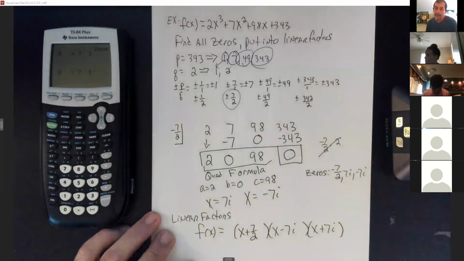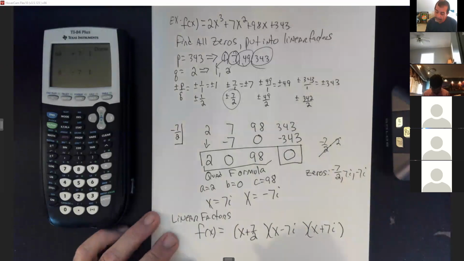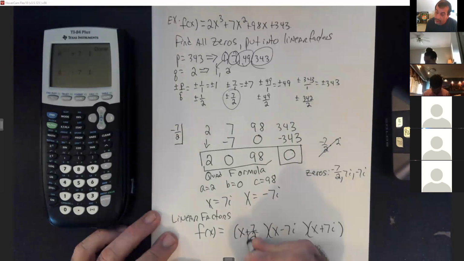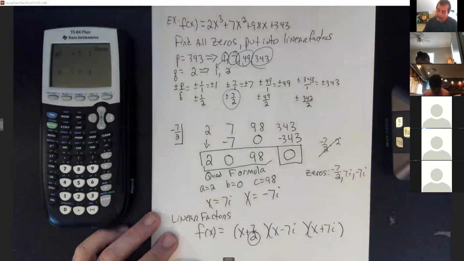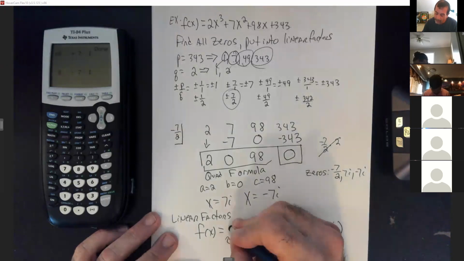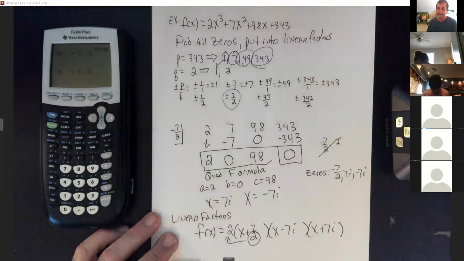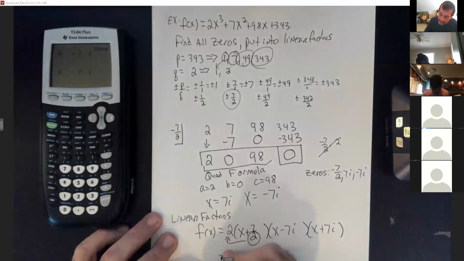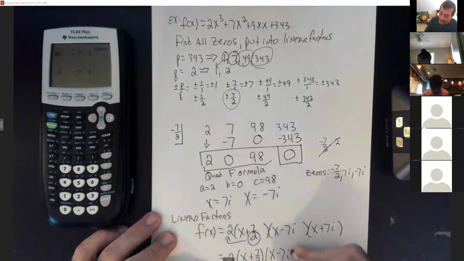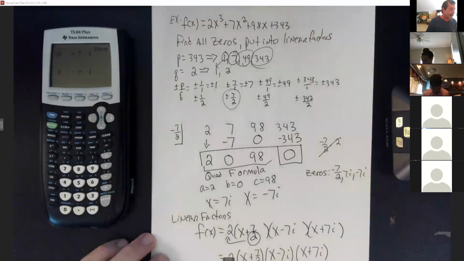Now, y'all, this one goes one step further. Since there's a fraction in here with a 2 on the bottom, we also have to write that number out front of our final answer. So this would equal 2 times (x plus 7/2)(x minus 7i)(x plus 7i) is my final answer.